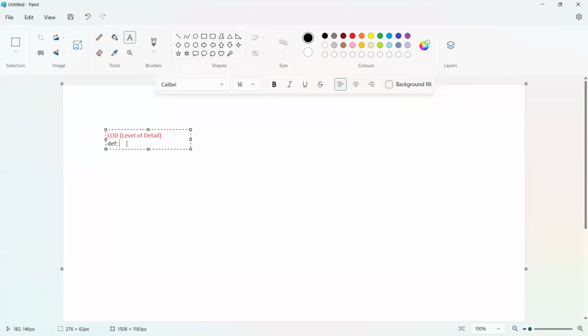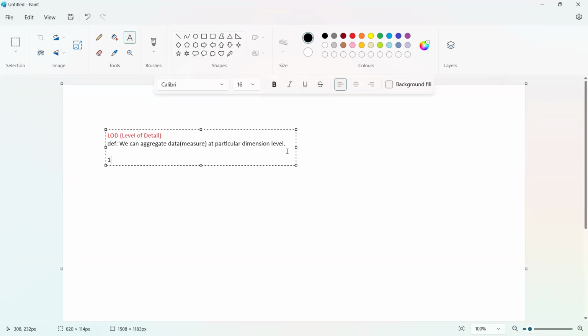Level of detail means we can aggregate data at particular dimension levels, which are in the sheet or which are not in the sheet. When I say data, you may take it as a measure. So this is the definition: we can aggregate the data at particular dimension levels.